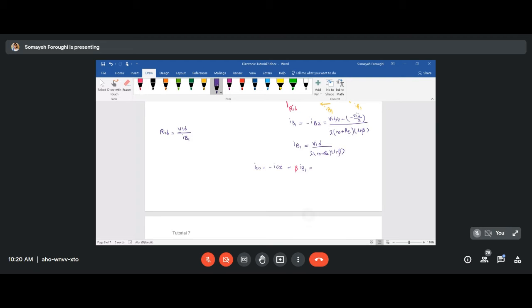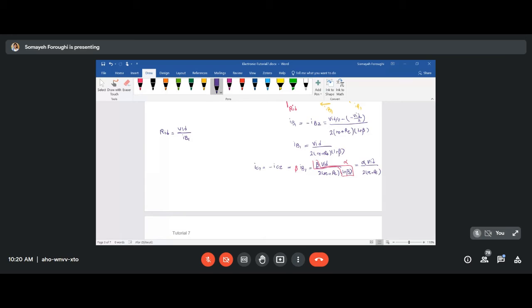So having one beta here and replacing IB1 from the top, 2 times (RE plus capital RE times 1 plus beta). Guys, you know that beta over 1 plus beta equals alpha. So you can again say that it's alpha VID over 2 times (RE plus the capital RE).